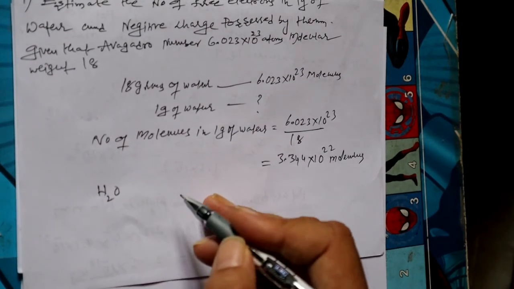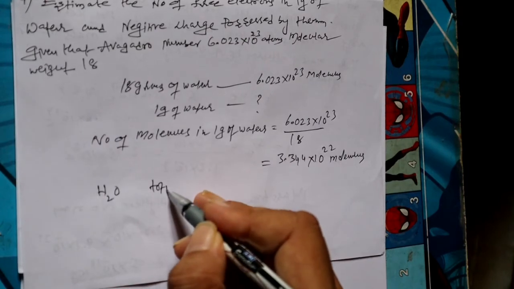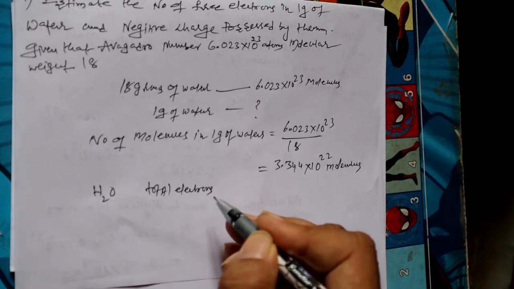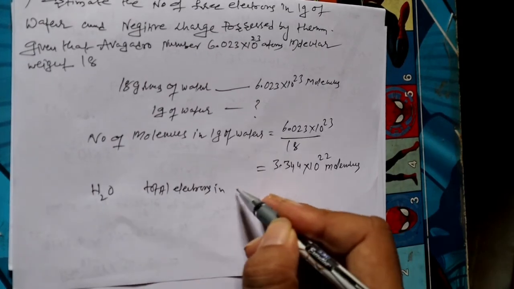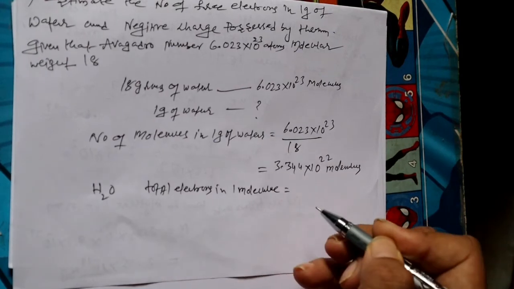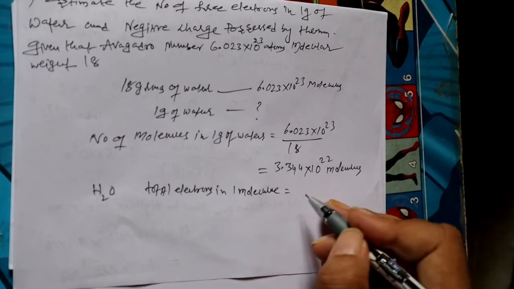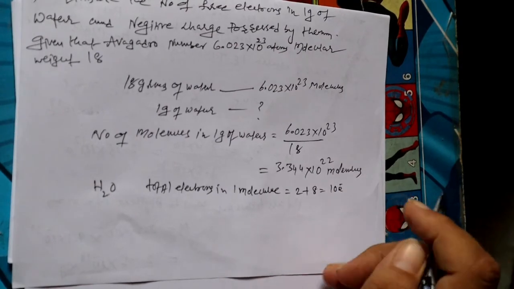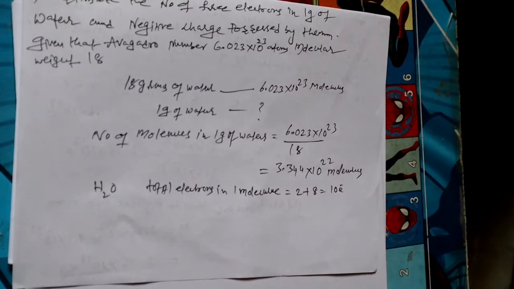So, total electrons in 1 molecule is equal to 2 plus 8, that is equal to 10 electrons. So, that means 1 water molecule contains 10 electrons.